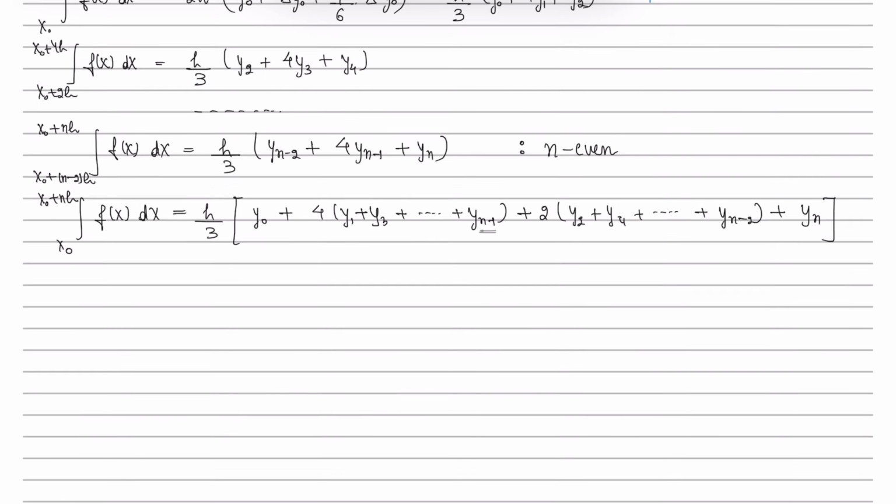This is known as the composite Simpson's rule. I am repeating again. While using Simpson's 1/3 rule, the given interval must be divided into an even number of equal sub-intervals, since we have to find the area of two strips at a time.